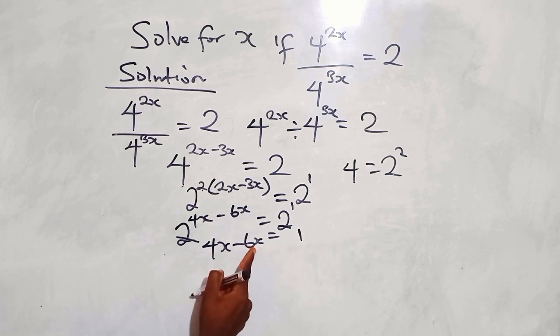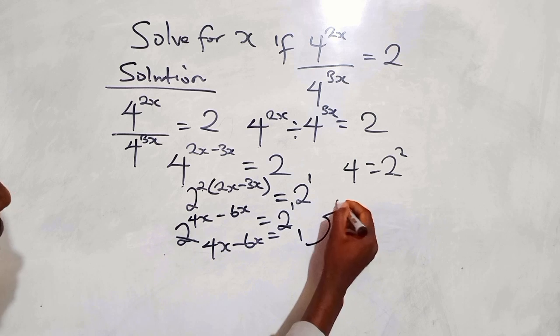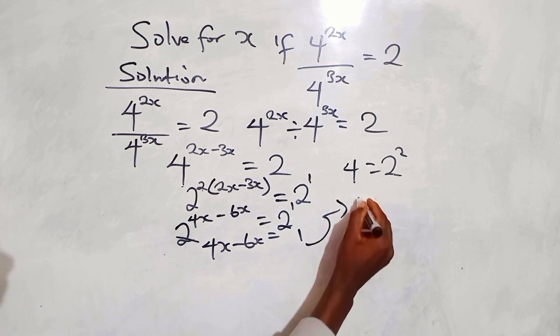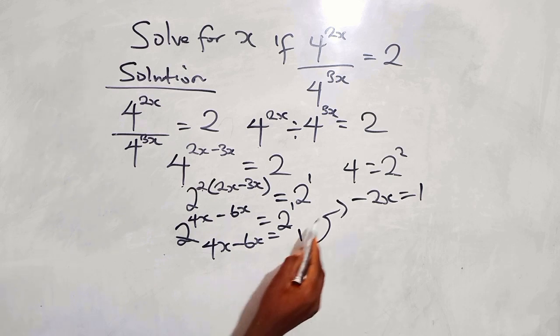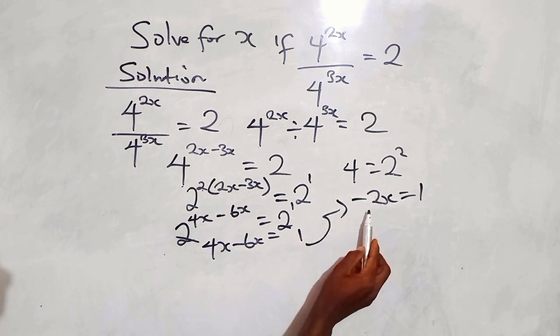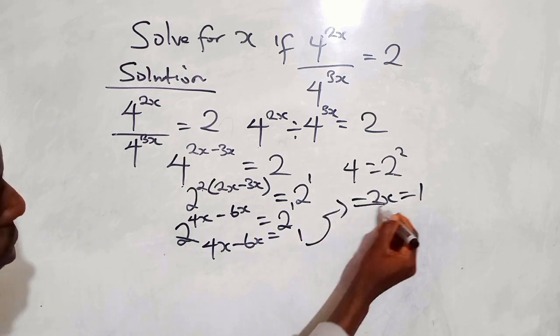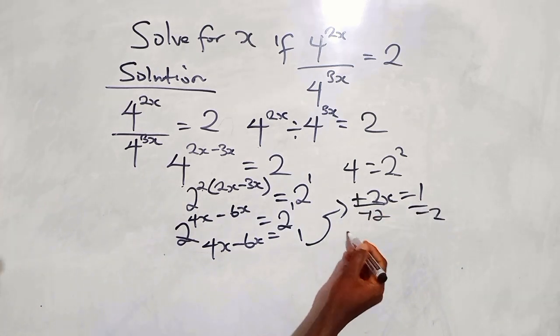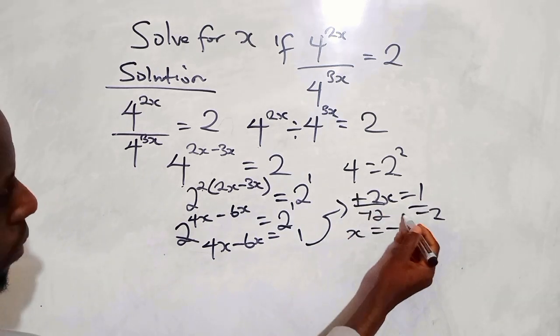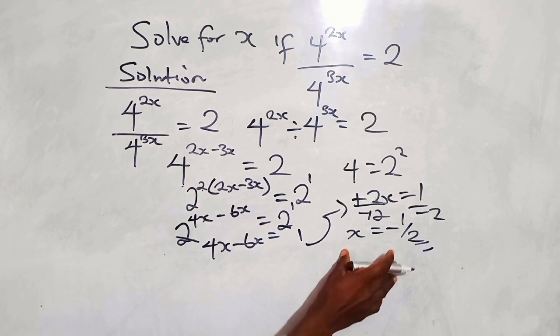So 4x minus 6x is minus 2x equals 1. To get the value of x, I divide both sides by minus 2. When I do that, I have x equals minus half, which is the value of x.